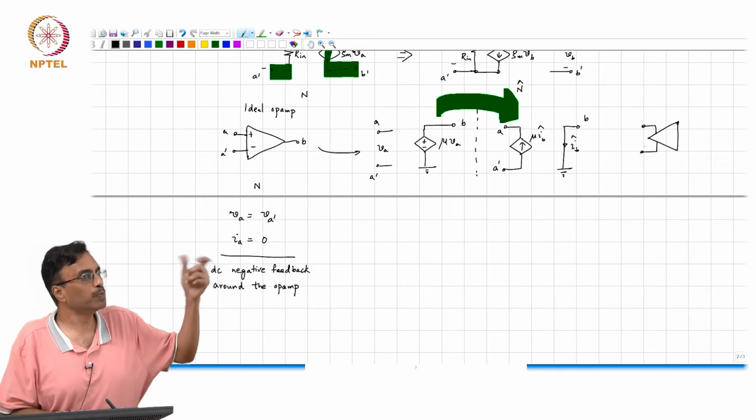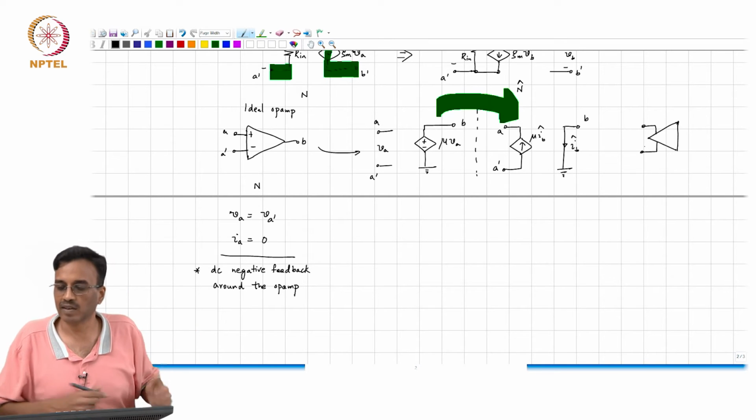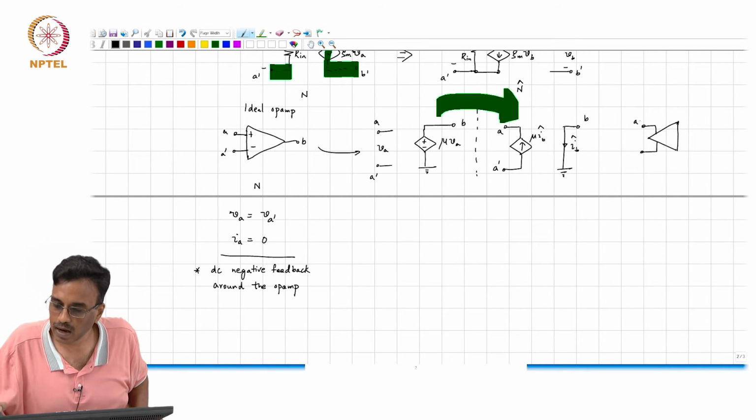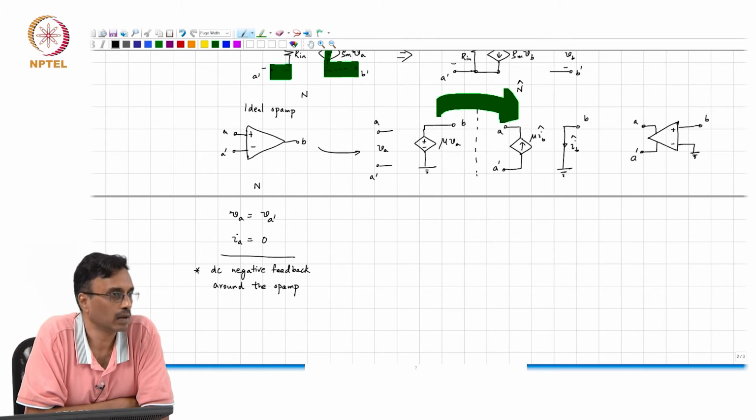Well, both the output terminals are accessible, but only one input terminal is accessible. So, this is A and this is A prime, and this is B.